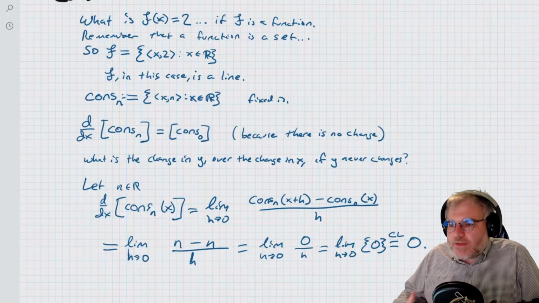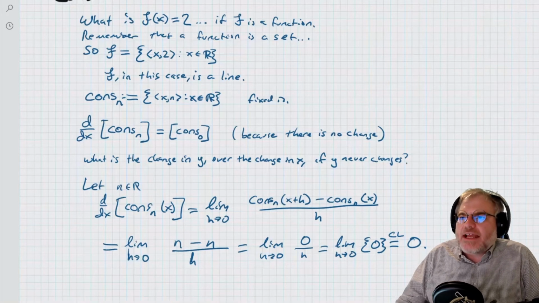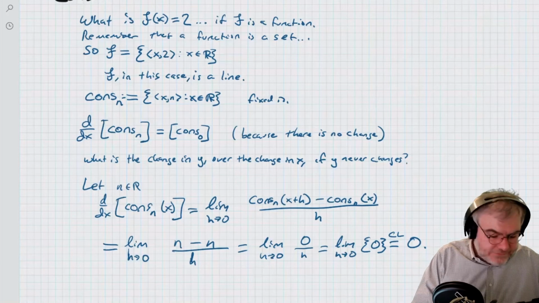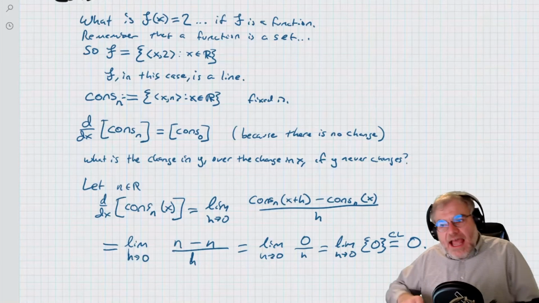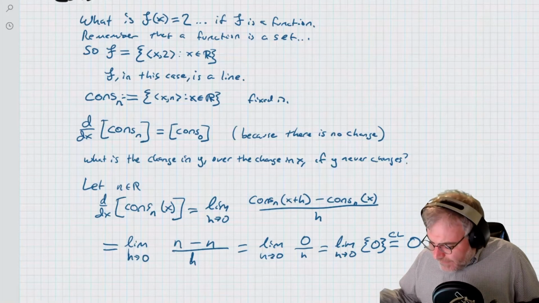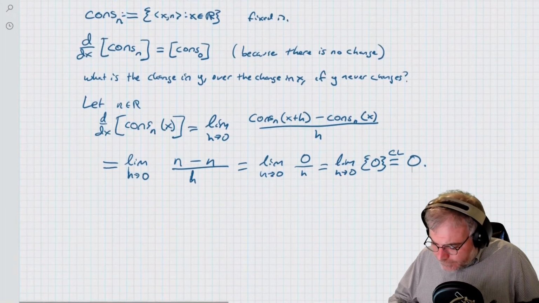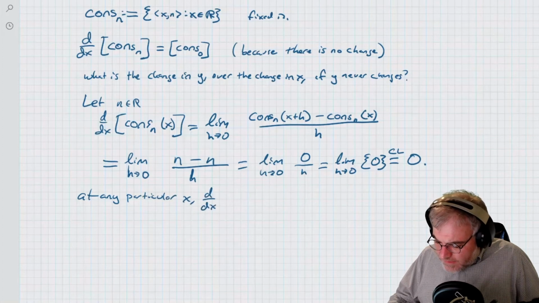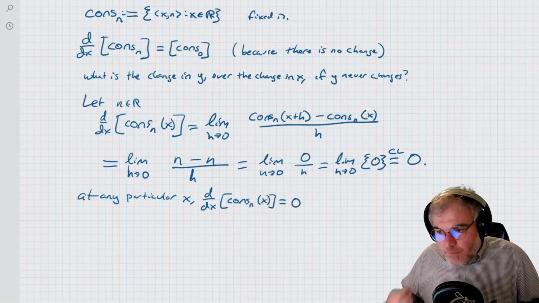So what I'm doing this whole time is taking the derivative of a flat line. Okay? But it's important to know that when I take the derivative of a line, I get back a line, the 0 line, as a function. Now, at any particular x, d over dx of constant n of x equals 0 as a number, right?